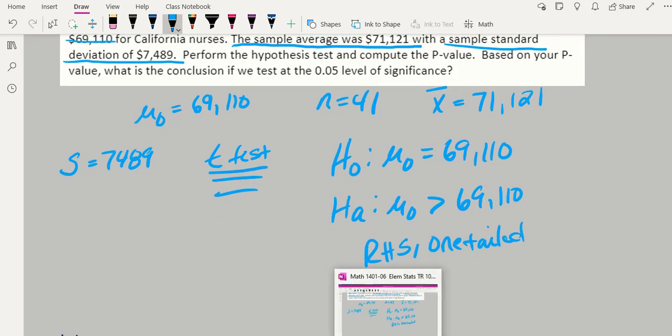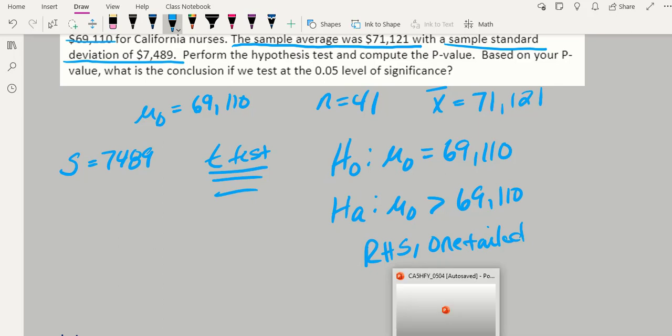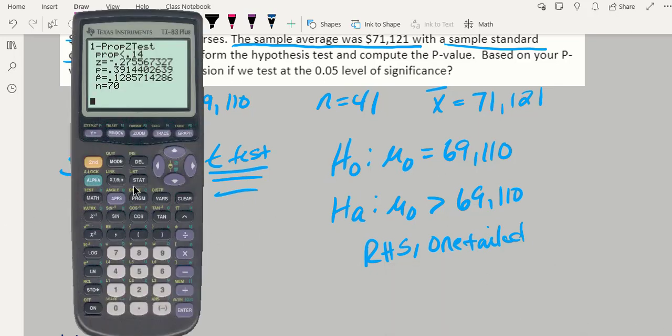So moving to our calculator first. If we want to do the stat test in our TI-83 and 84, it's still the same thing. We come to stat, we go to test, oops, and we go to t-test.